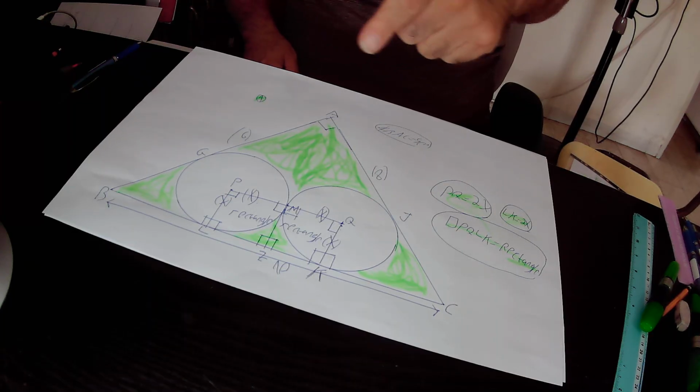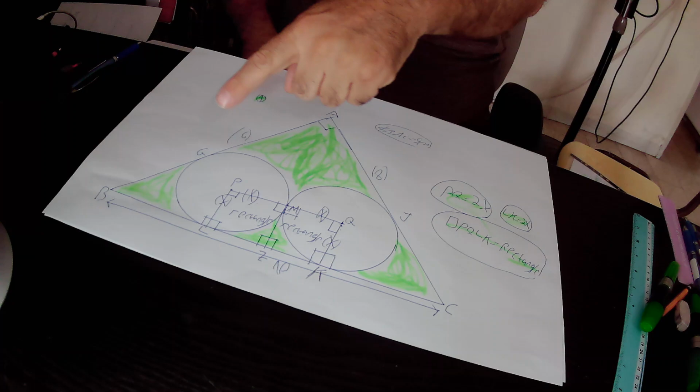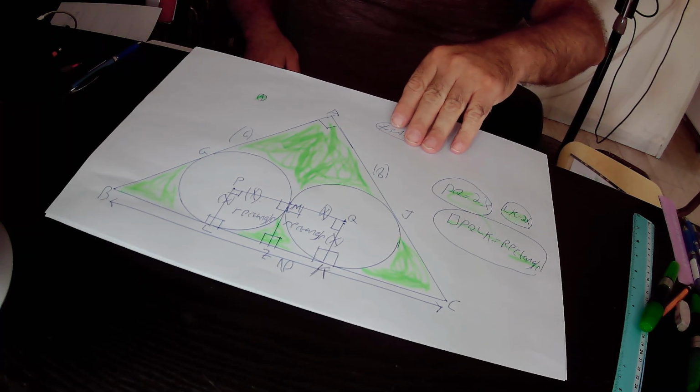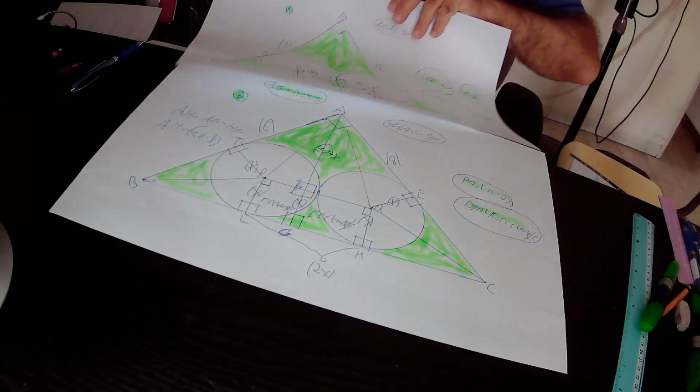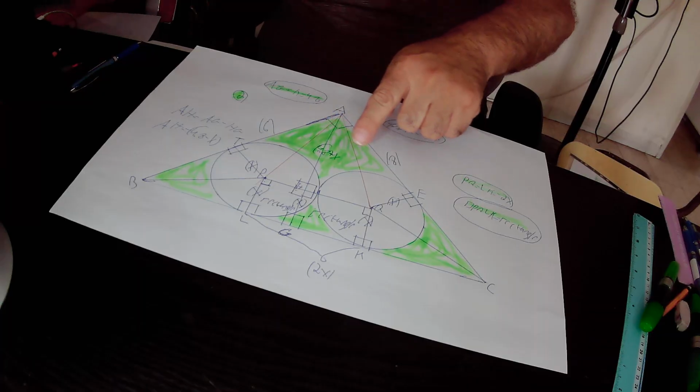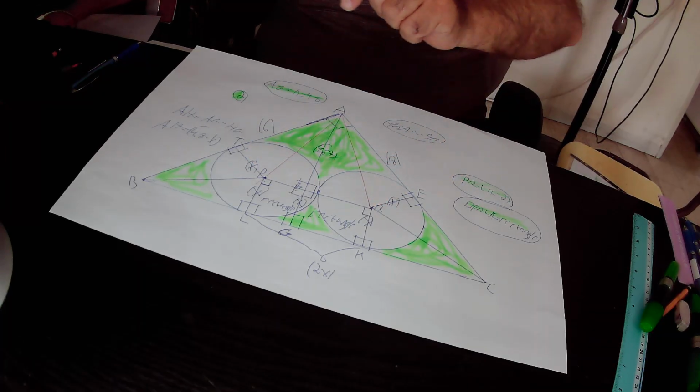In the next step, I copied rectangle PQKL into a new page, and we drew the height to the base BC. That is H, the height to the base BC in the new drawing. Actually, this is rectangle PQKL that I copied from the original drawing.